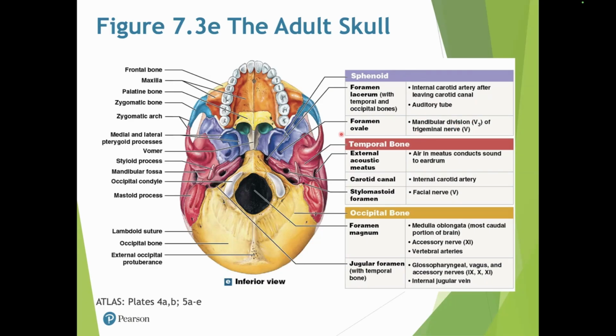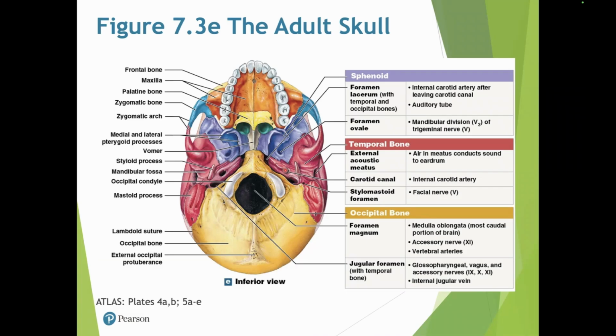And so when you look at your temporal bone, you can find right here your external auditory meatus. Okay. And so basically, the air in that meatus is going to conduct sound to the eardrum. And then you can see more medial to that, and we're in the temporal bone.